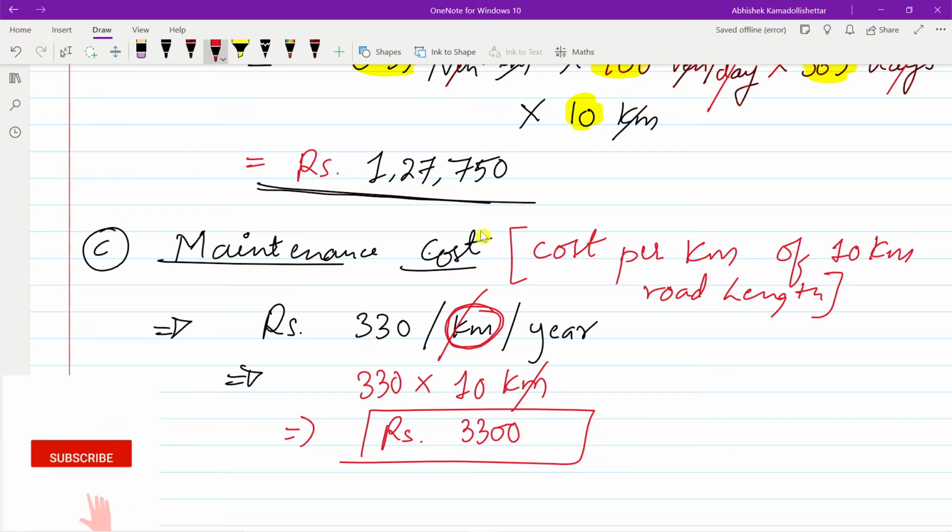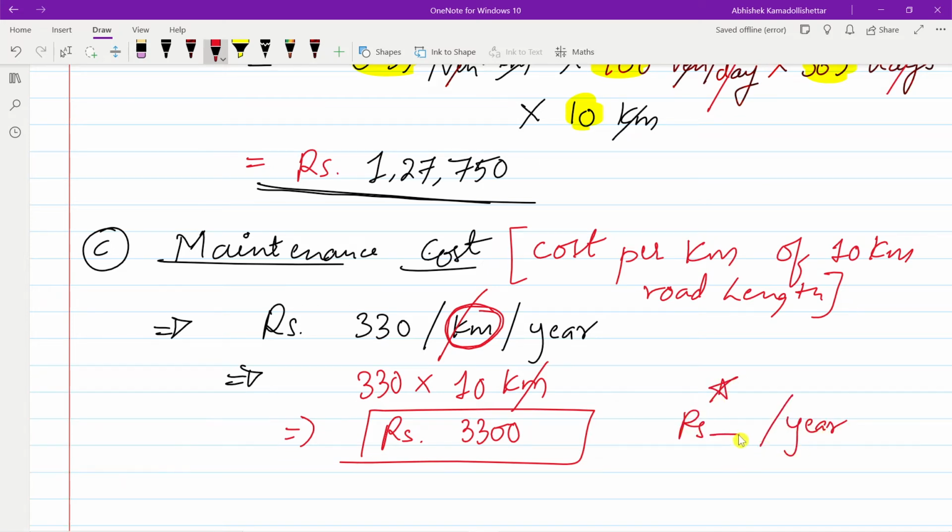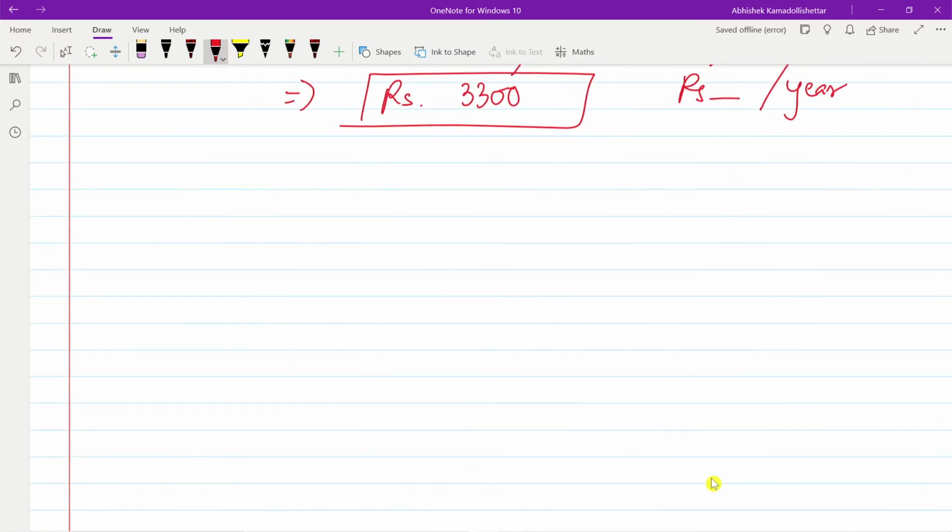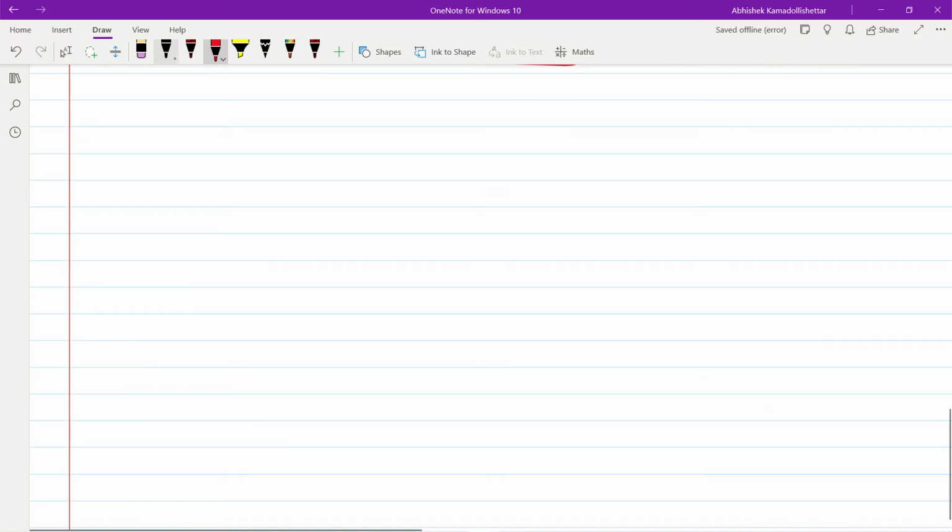So finally, the maintenance cost is always per year, money per year, rupees per year. Remember this. Let's add all the values.